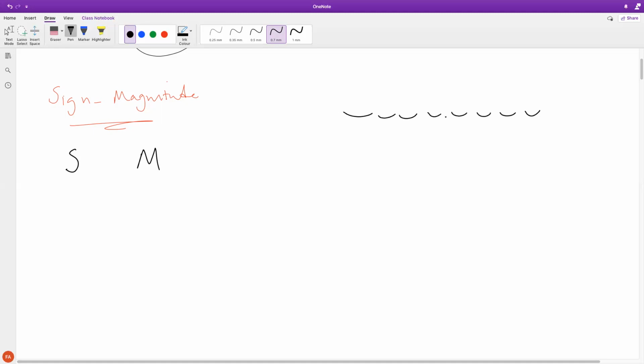In this 8-bit, the leftmost bit is called the MSB, or most significant bit, and we use that for the sign of the number. The rest, 7 bits, we use for magnitude. So the first bit is the sign, and the rest is magnitude. What do you mean by sign?